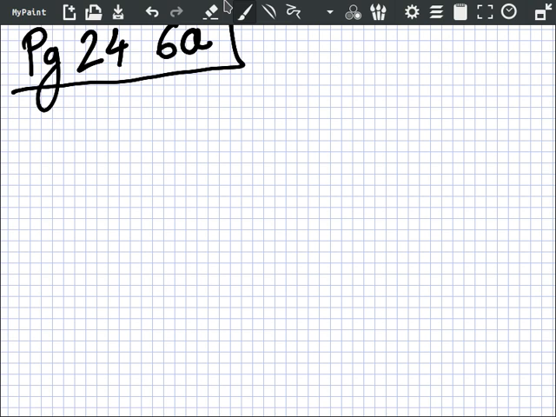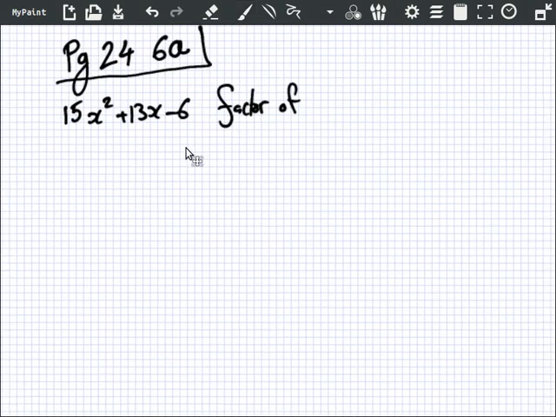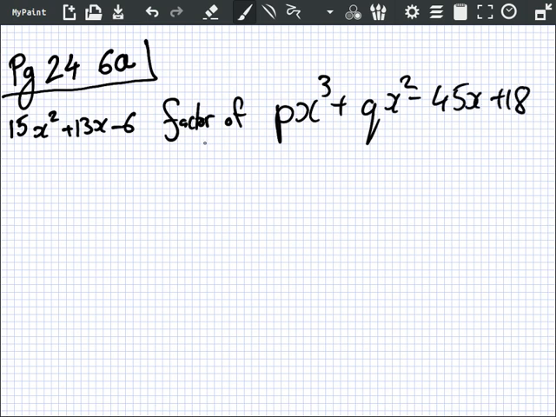Okay, let's have a look at this one now. 15x squared plus 13x minus 6 is a factor of px cubed plus qx squared minus 45x plus 18.